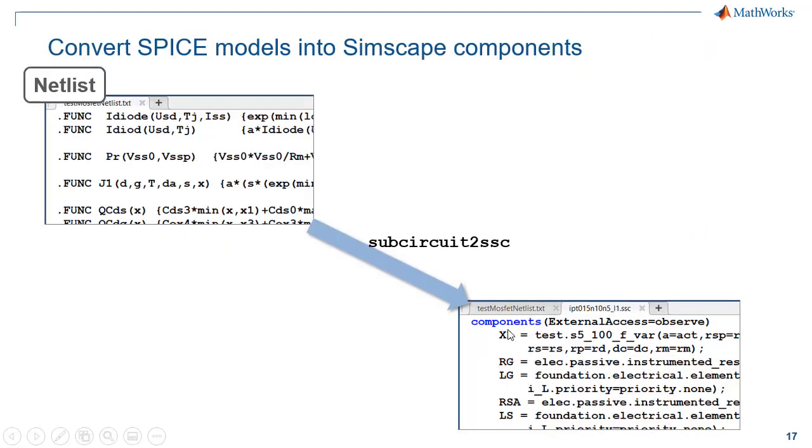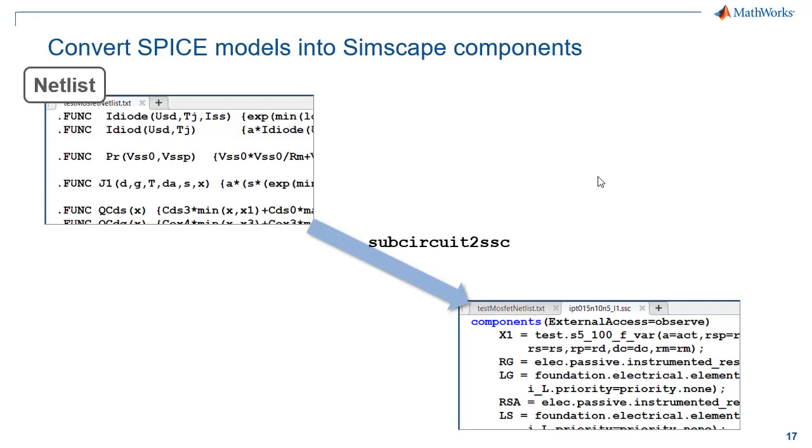And we actually have a new function as well to increase the fidelity of your switching devices. We added the MOSFET and we parameterize the MOSFET based on the data sheet. But more and more, you can import existing models that you may have in SPICE directly into Simscape using the function subcircuit to SSC.